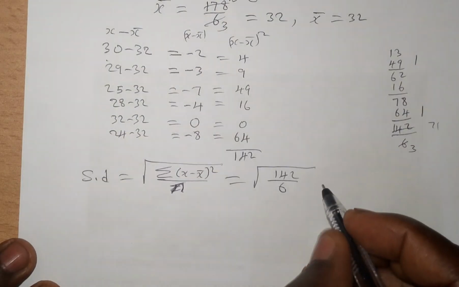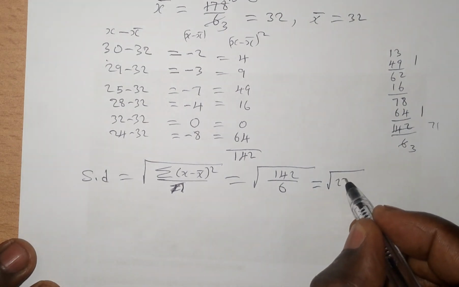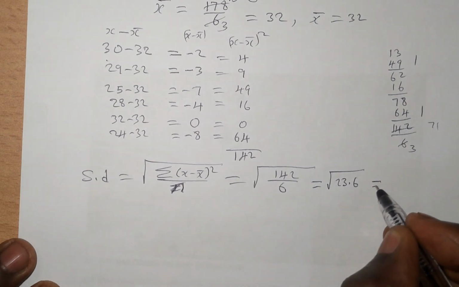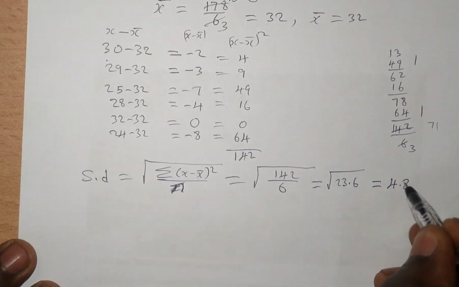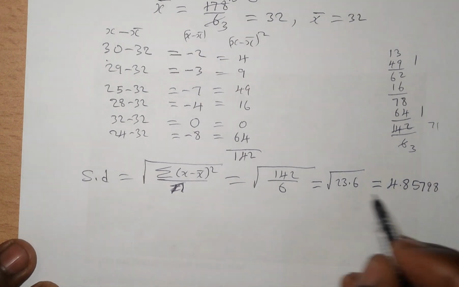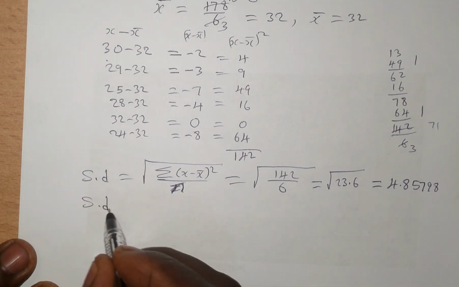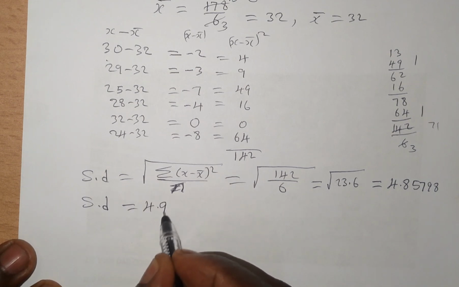When we divide, it will give us 23.6, and the square root of 23.6 is 4.85798, which when we approximate, we can say our standard deviation is approximately 4.9.